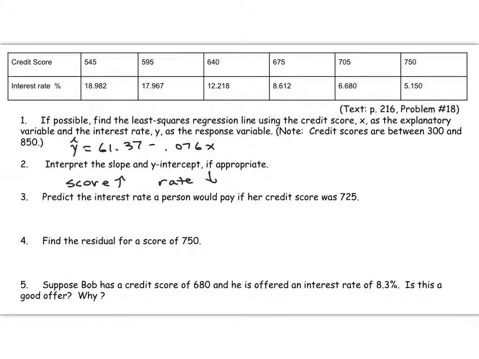That's why we have a negative slope. If I wanted to predict the interest rate a person would pay if they had a credit score of 725, I would find that I would have a rate of 6.27%.